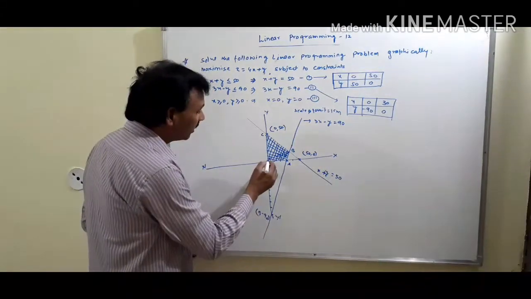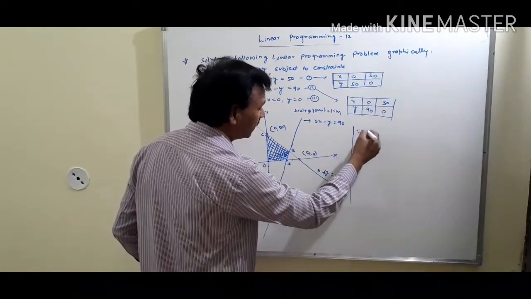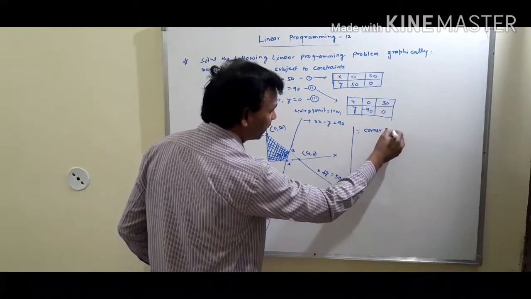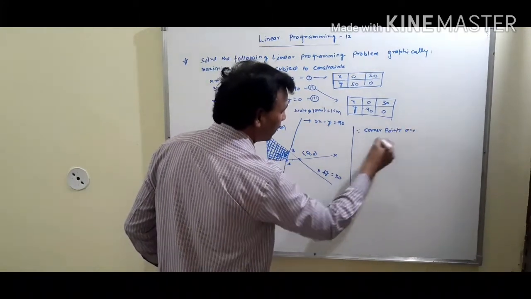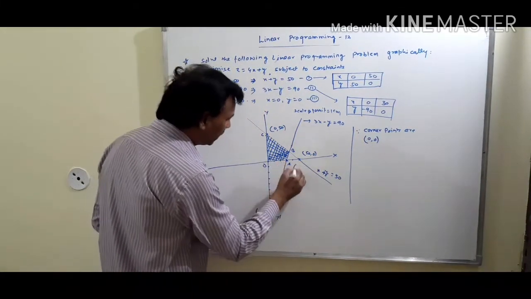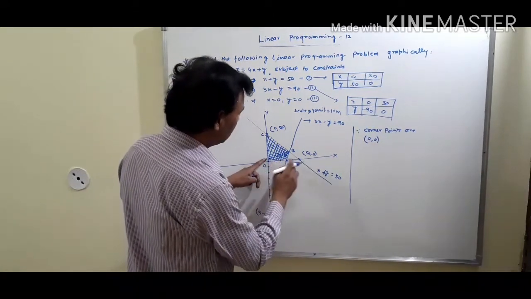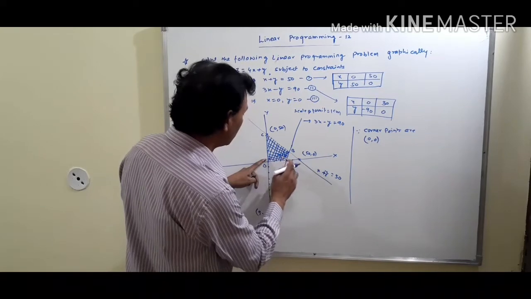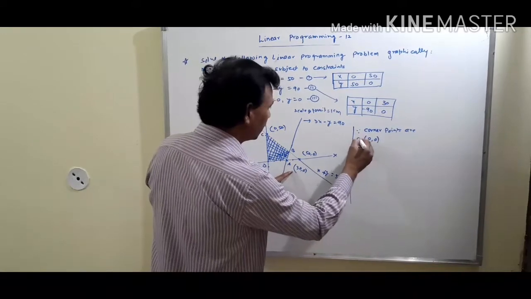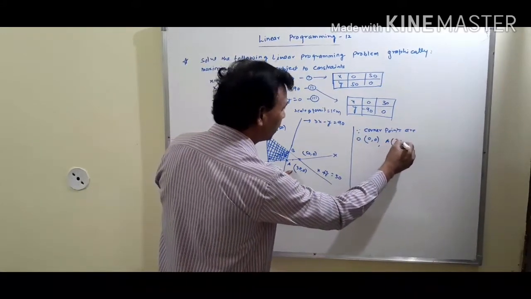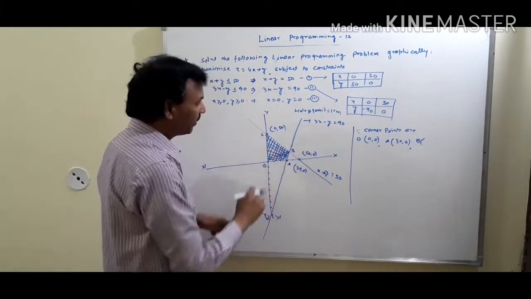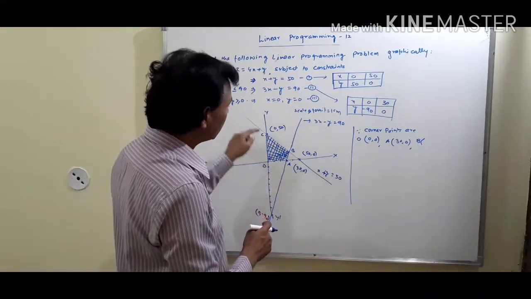The corner points are, first, 0, 0, which is the origin O. Second, point A, with coordinates 30, 0. And this is B. We should find the coordinates of B, which is the intersection of both lines.